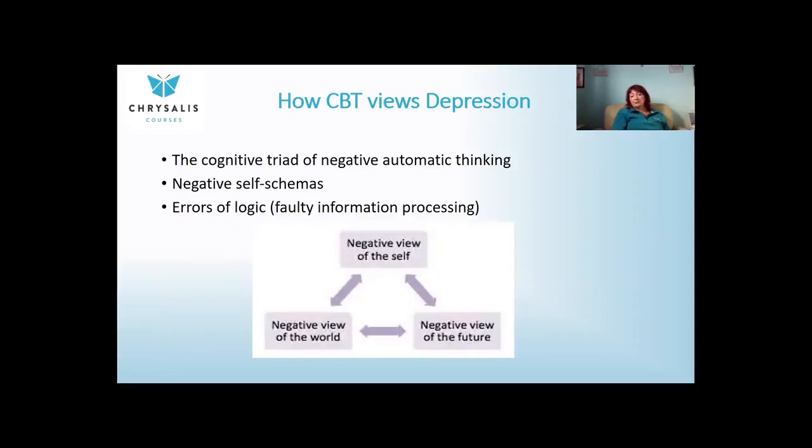So the cognitive triad of negative automatic thinking is the diagram below. So this person is likely to have negative views of the self, negative views of the world, and negative views of the future. And obviously they've got a negative schema, self-schema. And they've got errors of logic.